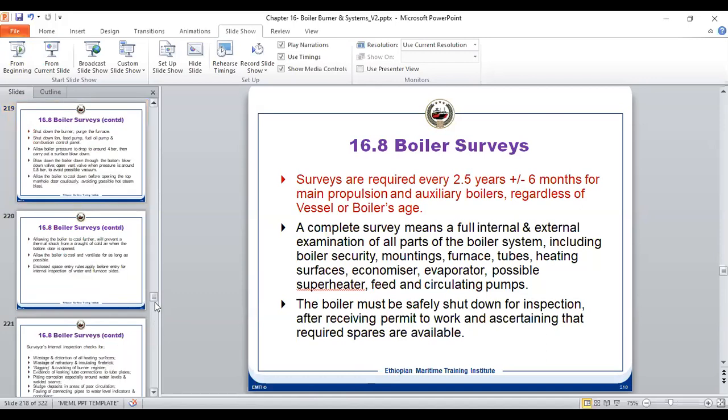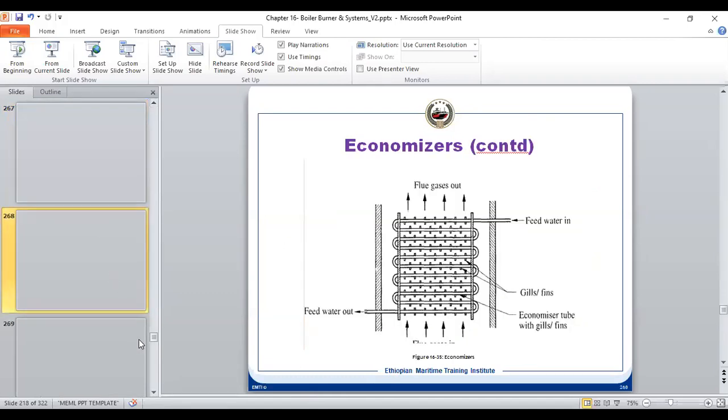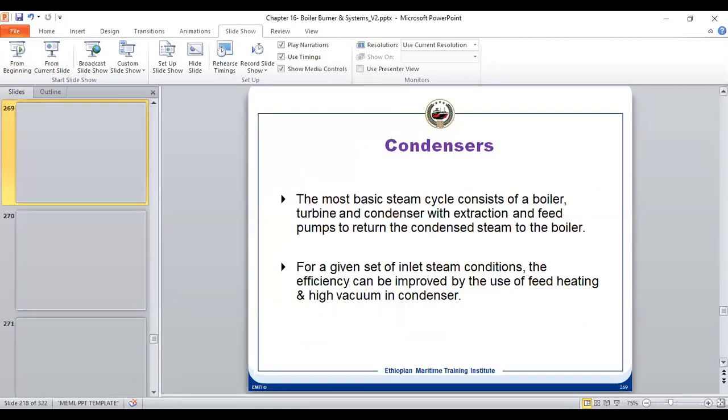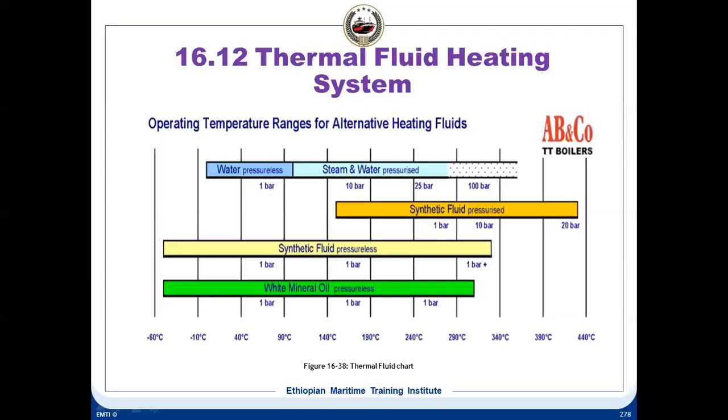One second, let me bring that up. Yes, for example, if we look at synthetic oil, synthetic fluid, it's 1 bar. Just at 1 bar we reach the required 300 temperature or so. Even your white mineral oil, at 1 bar, it is reaching 300.